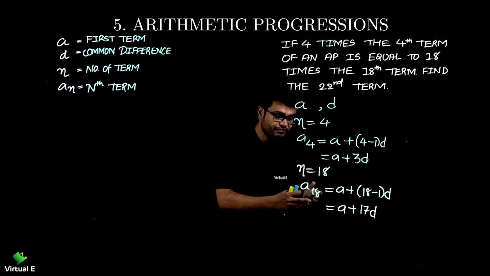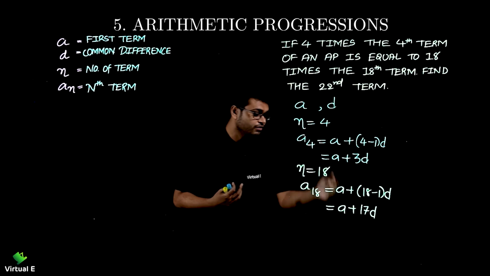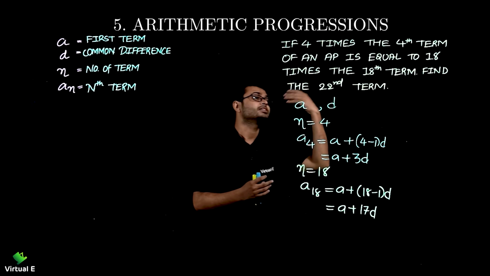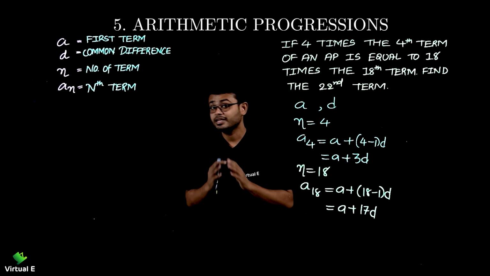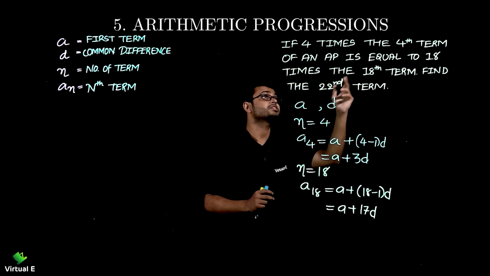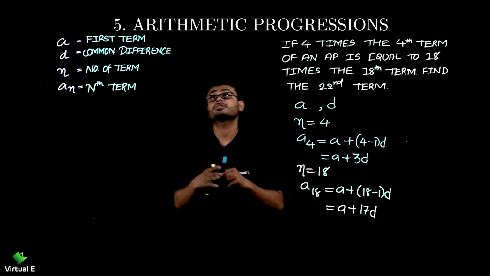If we had the values of A4 and A18, it is very easy. Solve the equation, get the value of D, get the value of A, substitute in the 22nd term, and done. But it's not like that, remember. So let's use the relation which is given, 4 times the 4th term.